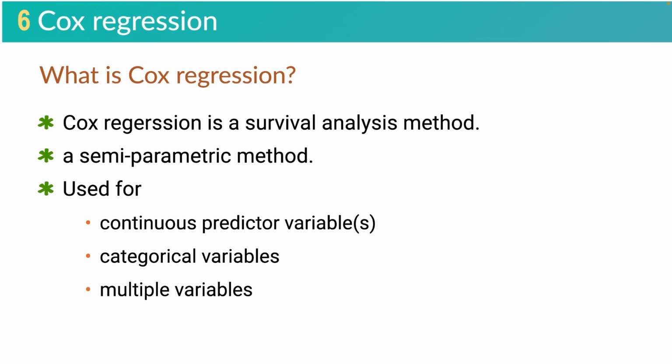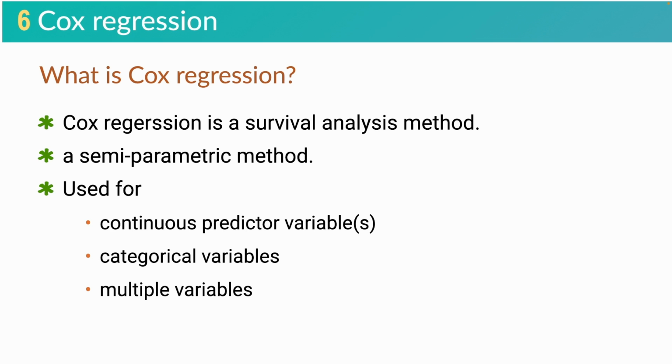So, what is Cox regression? Cox regression is also known as Cox proportional hazard regression or Cox PH regression. It is a statistical method used to analyze the relationship between survival time and one or more predictor variables. It is a semi-parametric method which makes fewer assumptions about the distribution of survival times compared to parametric tests.